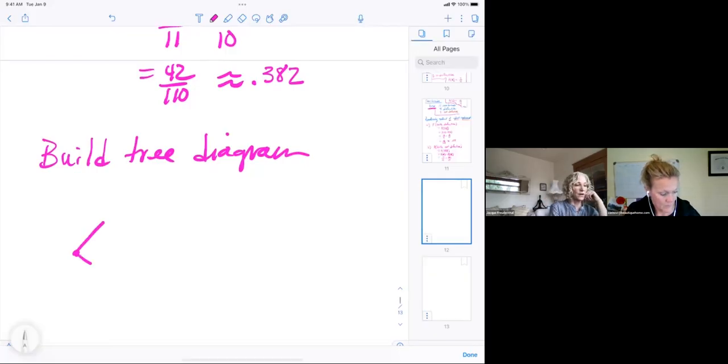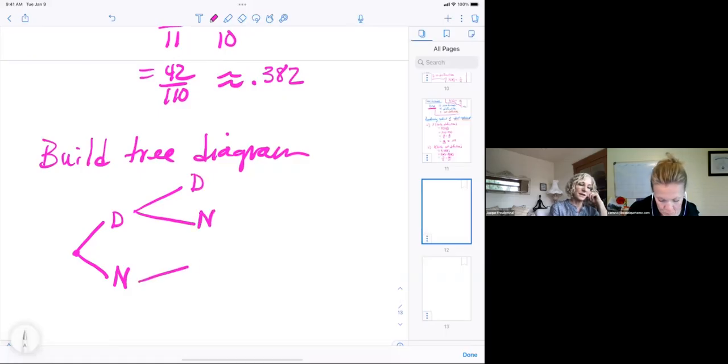So the first draw is either going to be defective or not defective. The second draw, if I drew a defective one, is either going to be defective or not defective. If I draw a not defective first, then the second draw will either be defective or not defective.